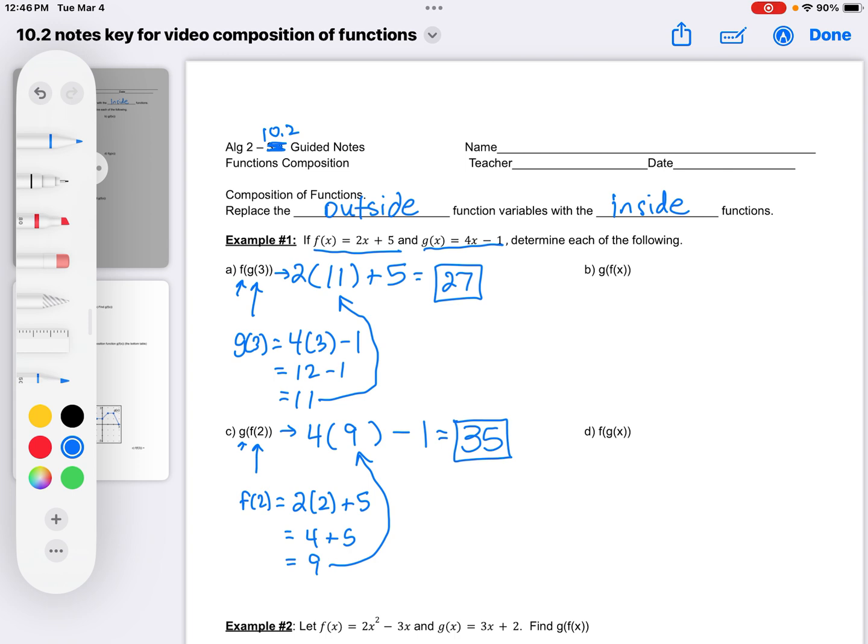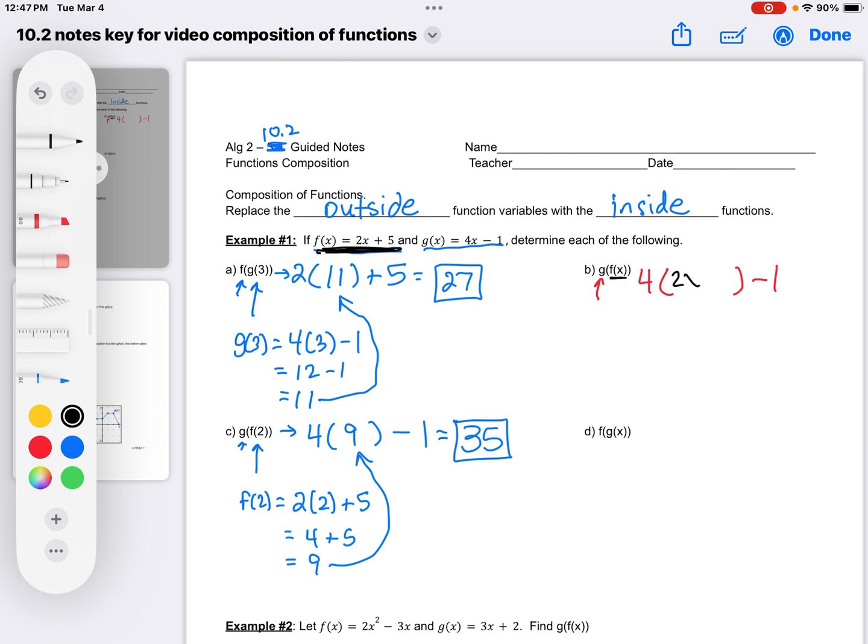Now, what if I don't have an input to put in, so the x isn't a number? What that means is we take our g of x function, in this case 4 times something minus 1, and we replace that something with our f of x function, f of x being 2x plus 5.